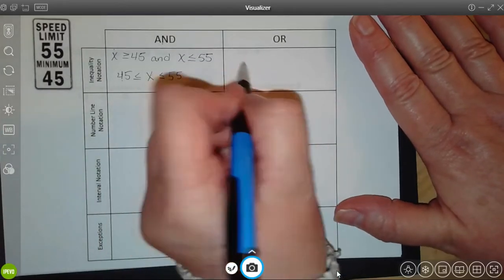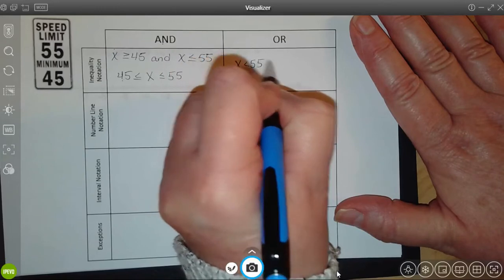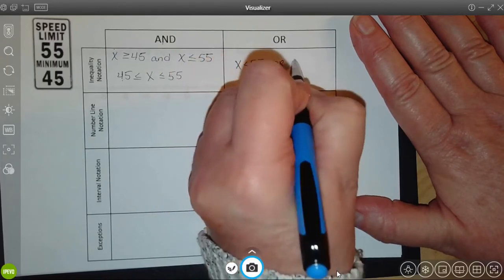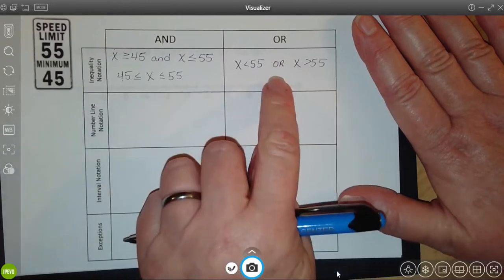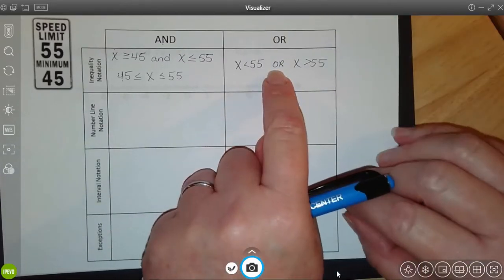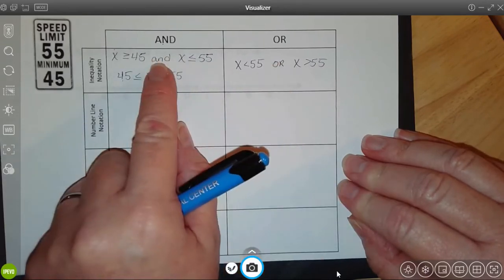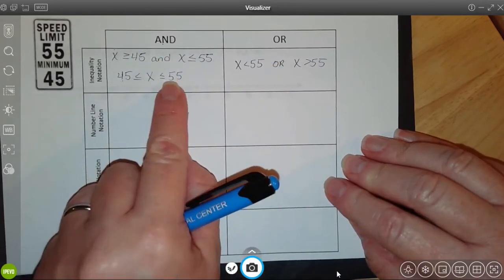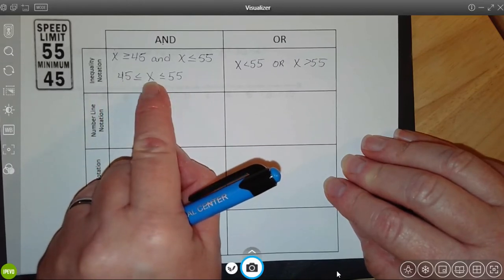For the or, you could have something like this where you could get the speeding ticket. You put the word or, and you will see your or scenarios with the word or. They will have the word or. Your and scenarios may have the word and, or it may be written as one long inequality with your variable in the middle.